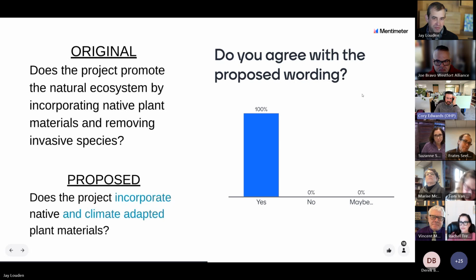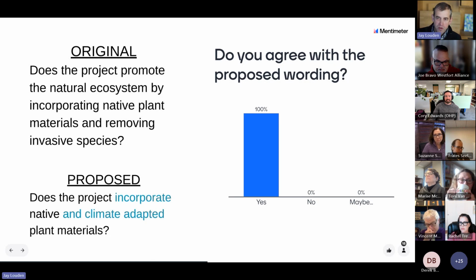Did we still say non-invasive though? Climate adapted and non-invasive plant materials? As a non-plant expert, Suzanne, that seems okay to you and the others in my group there? Yeah, I think that was the biggest issue. They didn't want to say non-natives, but they did agree that the invasives were. The challenge that we got into, Corey, is a lot of people were defining what does that mean.